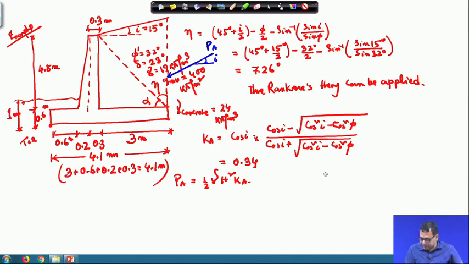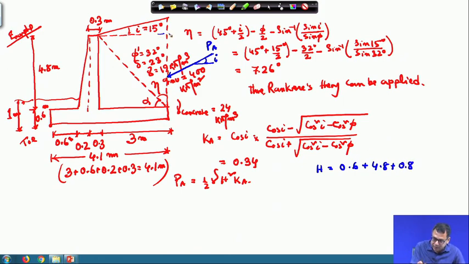So, total height H in this case will be 0.6 plus 4.8, plus this portion. How much is this portion? This is 3 meter, and this angle is 15 degree, so this one will be 0.8.